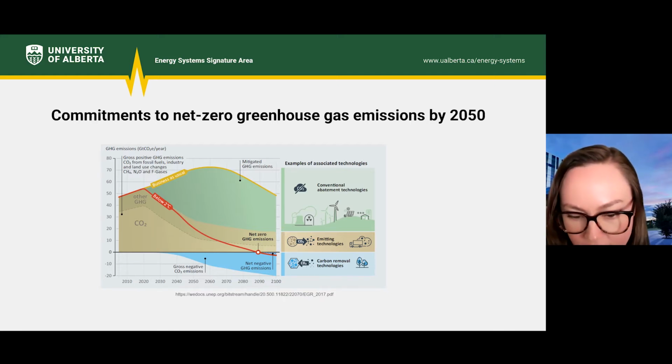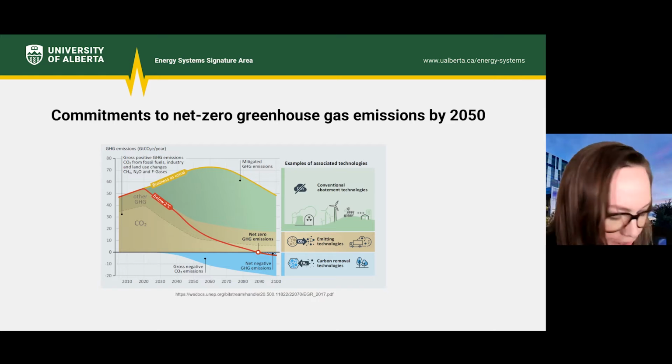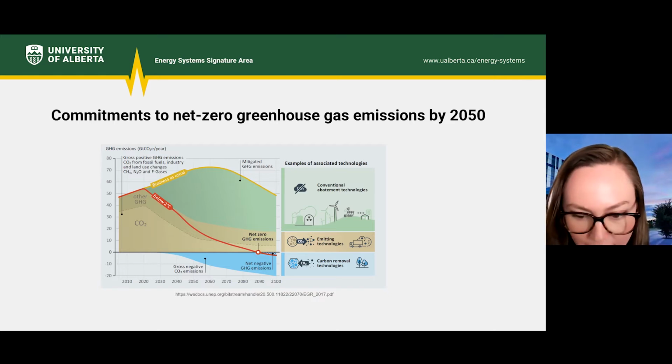And so on the figure here, you can see the trajectory that we have been on is that yellow line in terms of our global greenhouse gas emissions in gigatons per year. And so to meet that 2 degree warming, we would need to start following the red line.